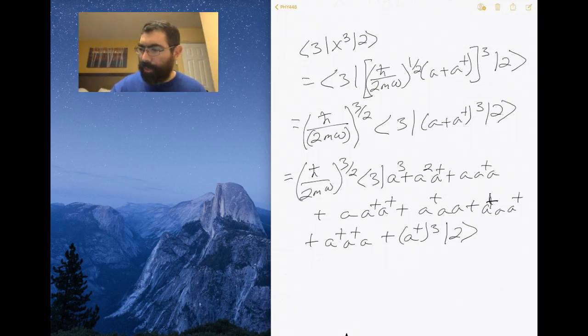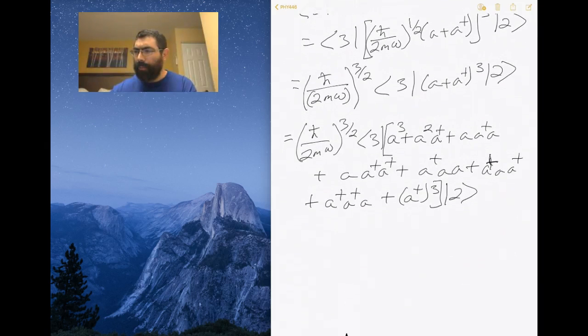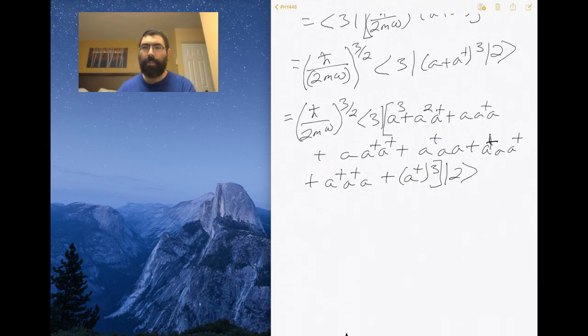All of that is going to operate on the state n equals 2. We can't combine terms because of a commutation relation. We could try and clean this up with a commutation relation, but instead, why don't we just do it term by term?